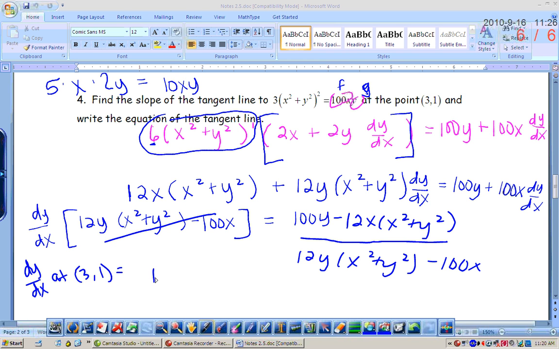is going to be 100 minus 12 times 3 is 36. X squared plus y squared is 10. 9 plus 1. And I'm going to have 12 times 10 minus 300.